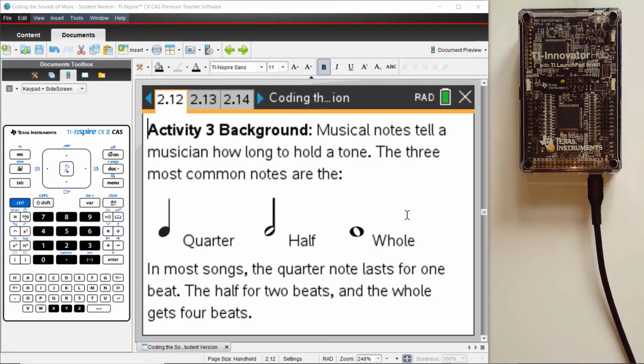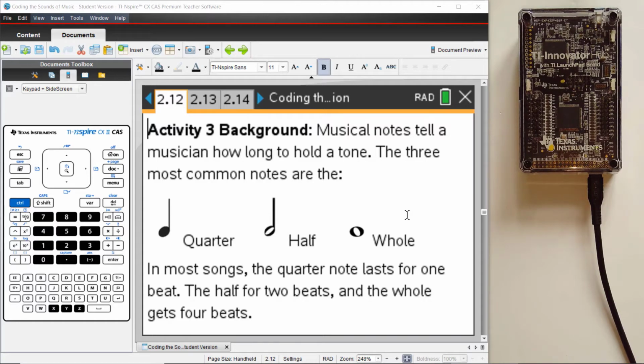In each of these notes, there are a certain number of beats that are assigned to the note. You'll recall from the previous video that a beat is a period of time that gets the tap of the foot according to the tempo of the song. Most songs have a tempo of about 120 beats per minute, and that's how quickly you would tap your foot.